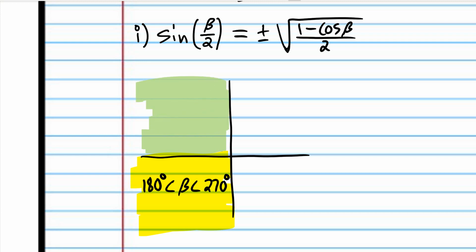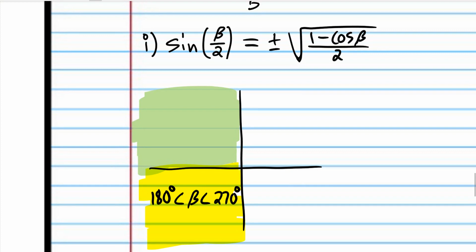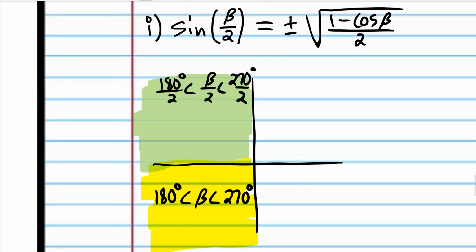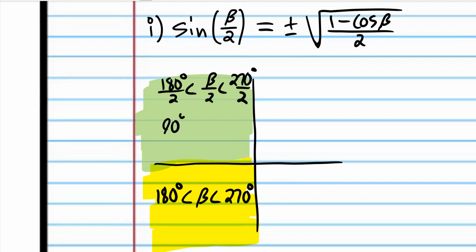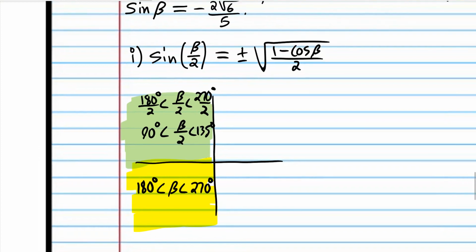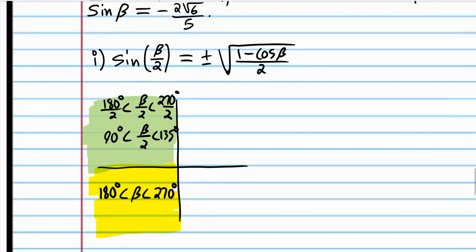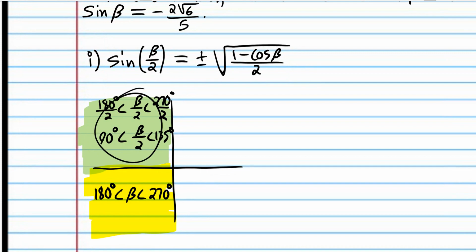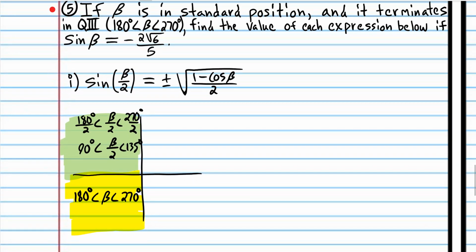Just doing the math, you can see what's going to happen. If we divide everything by 2, we get 90 degrees and 135 degrees. So that obviously puts beta over 2 in the second quadrant.